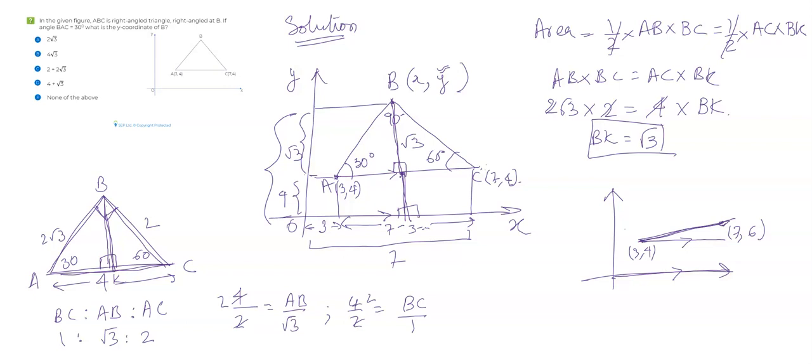Once we made this inference, we used the 30, 60, 90 property to find the lengths AB and BC, which we found as 2 root 3 and 2. Once we had this, we know that in a right angle triangle we can find the area by doing half AB into BC, and we can also find the area by using this perpendicular and equate them. From here we got the value of BK as root 3. So the total height is nothing but 4 plus root 3, and hence the correct answer in this case will be option D.